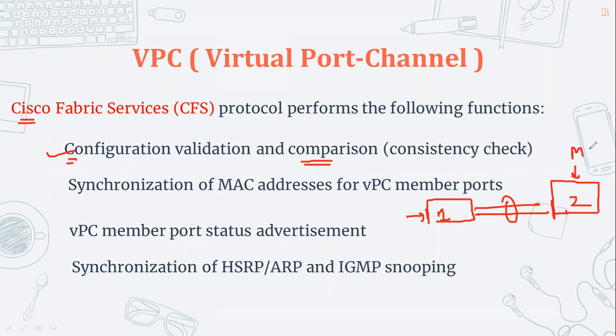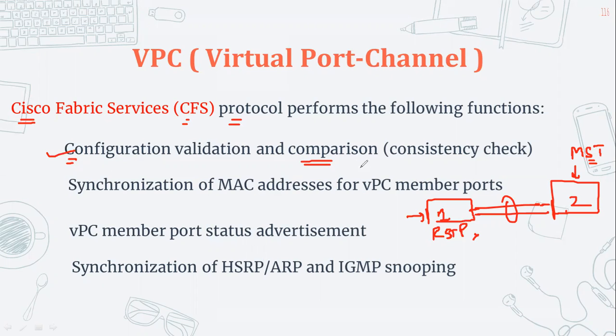If you use, let's say, multiple spanning tree here and RSTP there, then it is not going to work, because in the background the Cisco Fabric Services protocol is running, consistently checking your configuration and doing the comparison. So if you use different spanning tree modes, CFS is going to know that, and your VPC is not going to work.